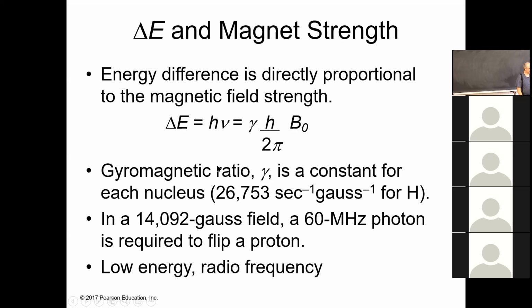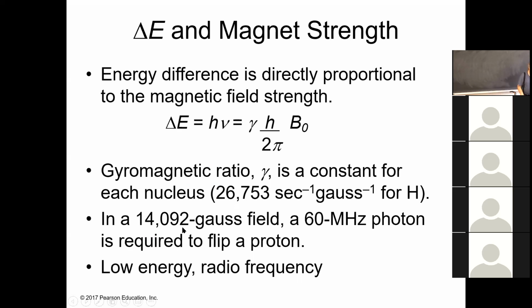And gamma is what's called the gyromagnetic ratio, and it is a constant for each nucleus. So for hydrogen-1, it has this value. For a different nucleus like carbon-13, gamma would have a different value.